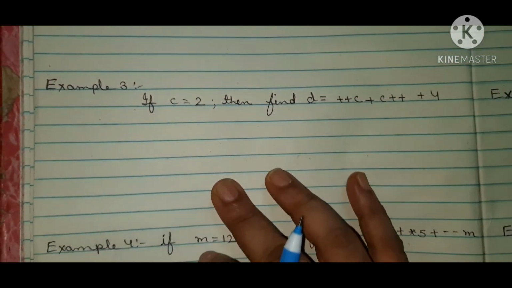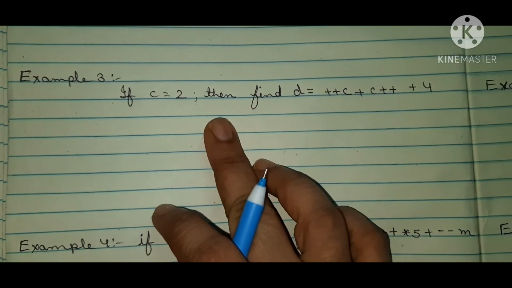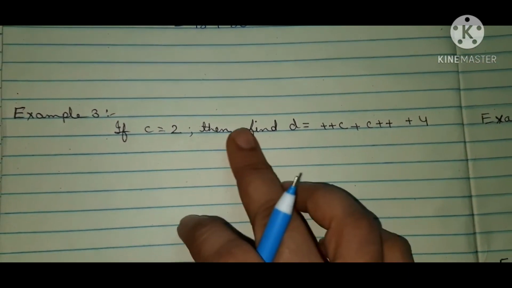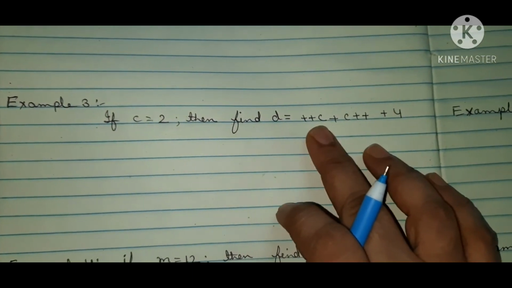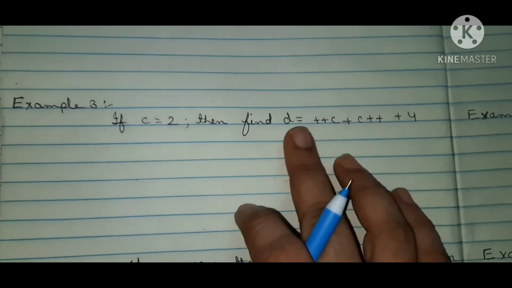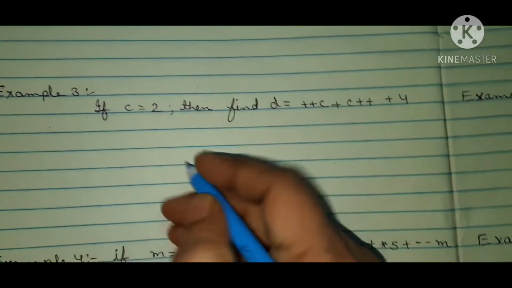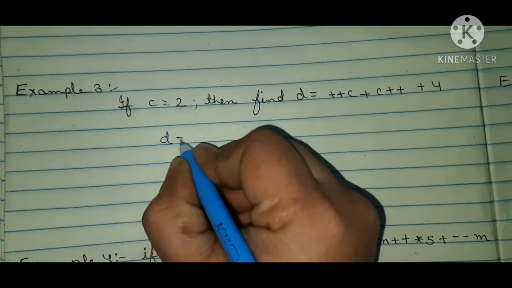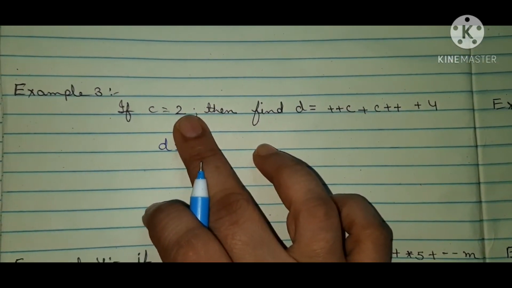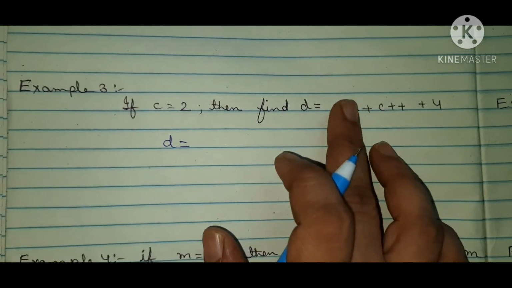Let's see example 3. Here c equals 2 and find d equals ++c + c++ + 4. So c's value is 2. Let us write d equals ++c. First we'll increase the value of c and then write.